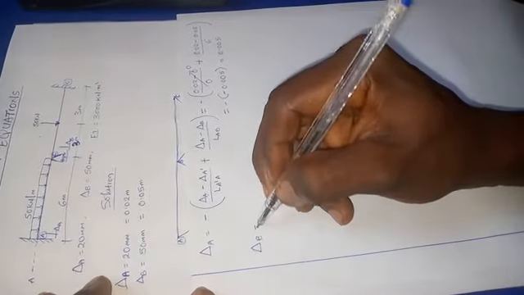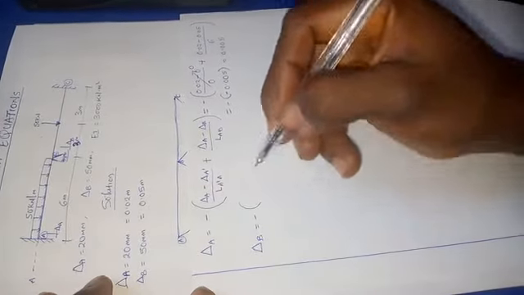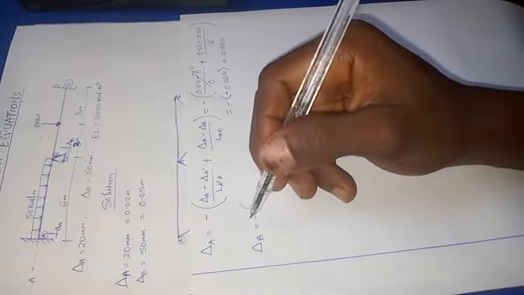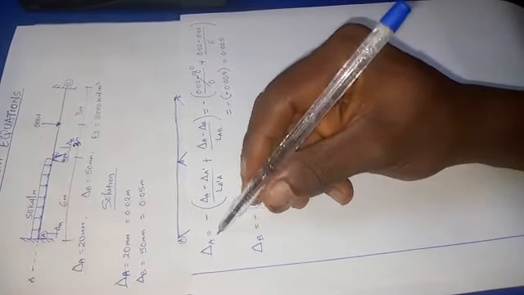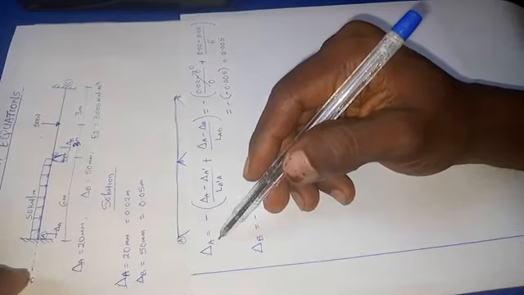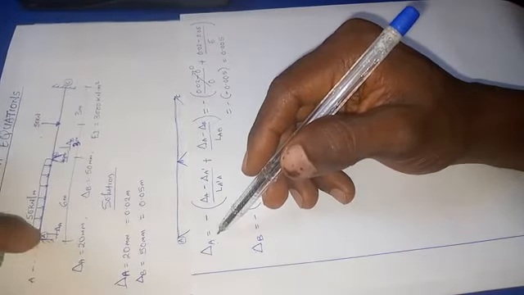Likewise, the same thing, we are going to calculate our settlement at B, and our settlement at B will now be equal to minus in bracket. The same way we did this, when we calculated the settlement at A, we took these supports 1, 2, 3.